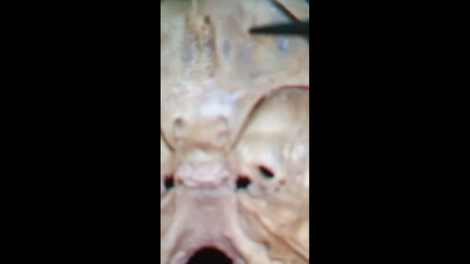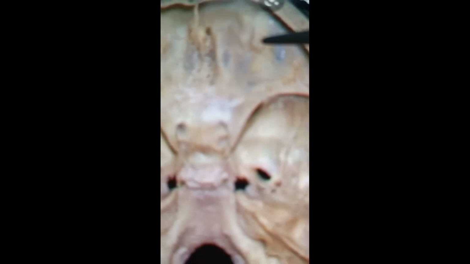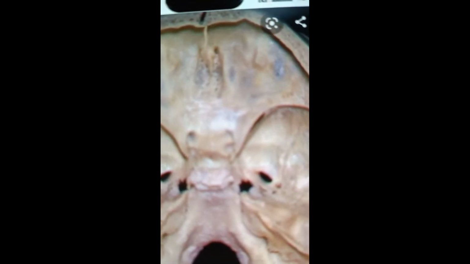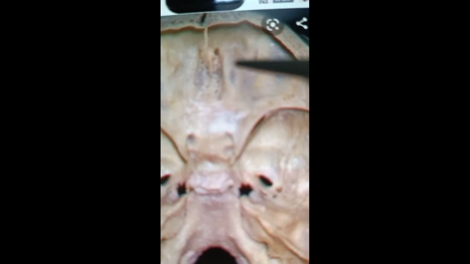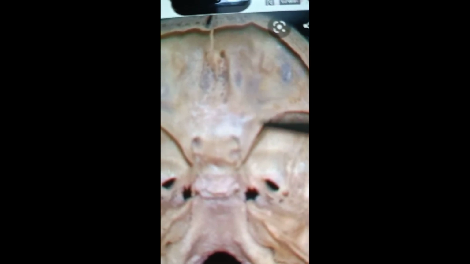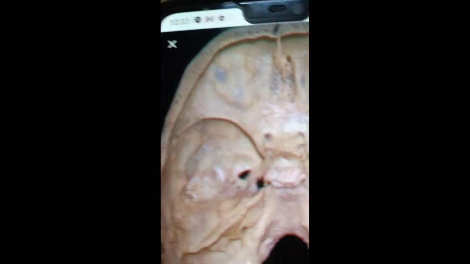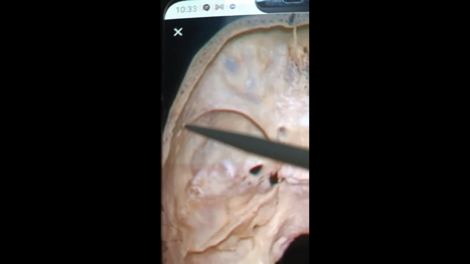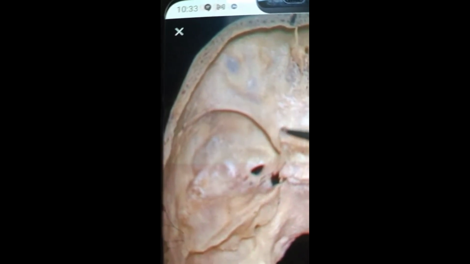Now on the orbital plate you find that there are these gyri and sulci. And the posterior part of this anterior cranial fossa is bounded by this lesser wing of sphenoid.